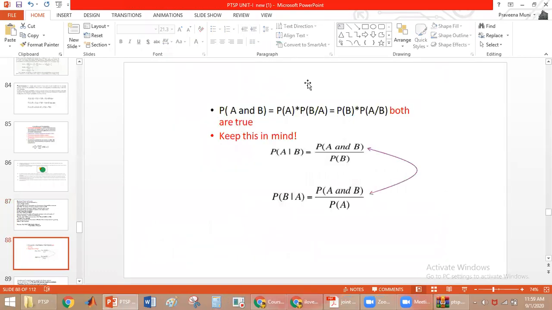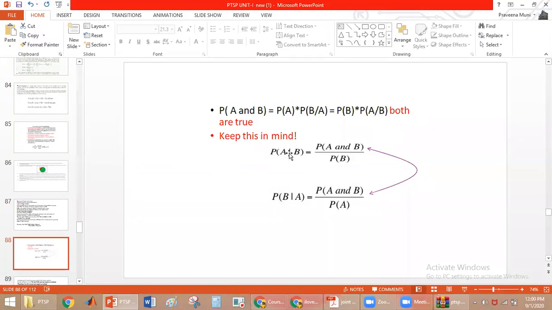In set theory, probability of A and B, that is probability of A intersection B, is equal to probability of A into probability of B given A, and it is also equal to probability of B into probability of A given B. Both are true.